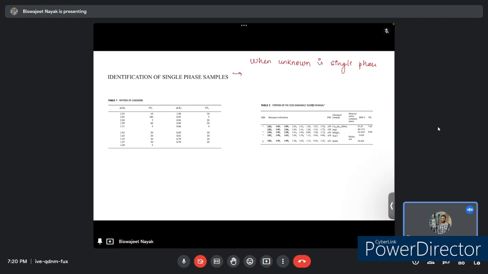So let's see how we can identify such differences in different phases. For the identification of single phase samples, when the unknown is single phase, the search procedure is straightforward. For example here, this pattern of unknowns is obtained using copper K alpha radiation.